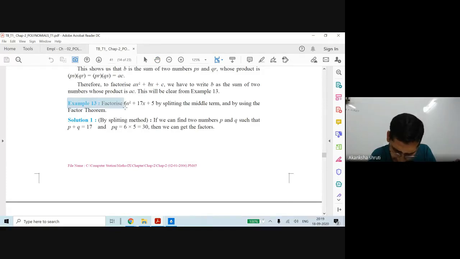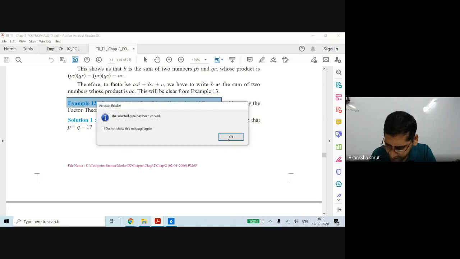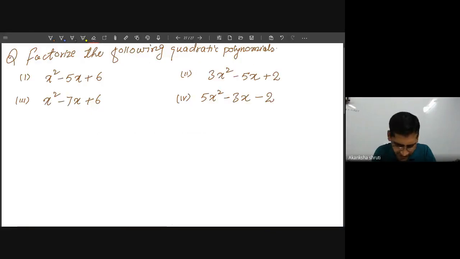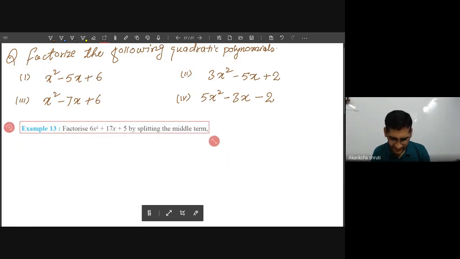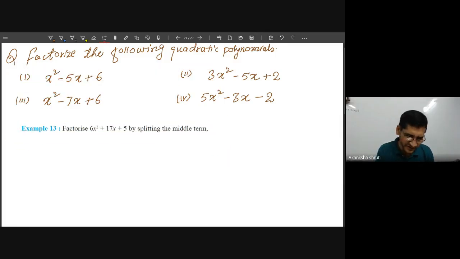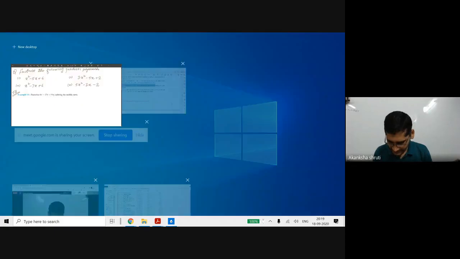So take this example, factorize by splitting the middle term. इतना ही क्वेश्चन है. It is this one. So it is from our textbook. ये टेक्स्ट बुक का क्वेश्चन है, others we can also take.